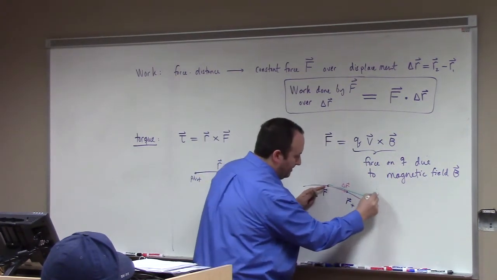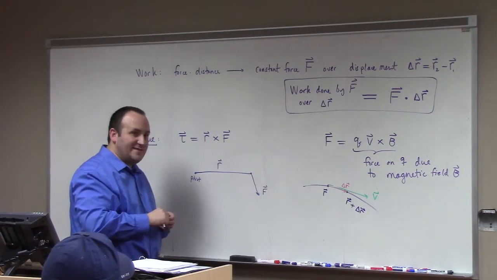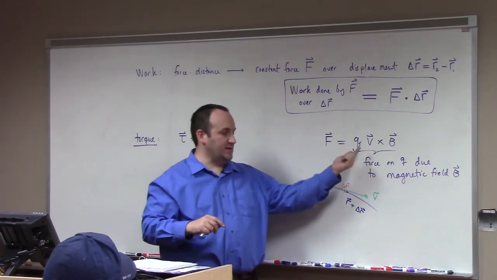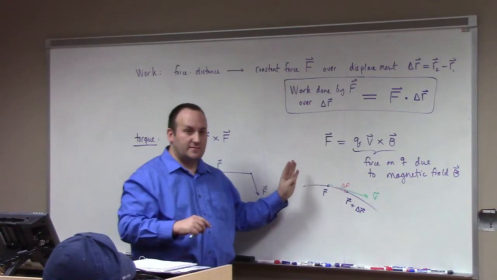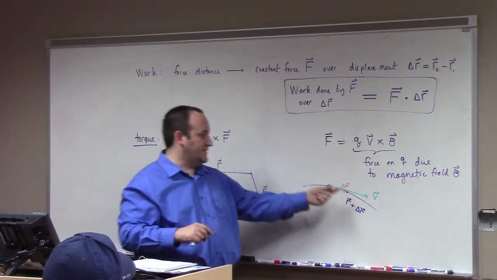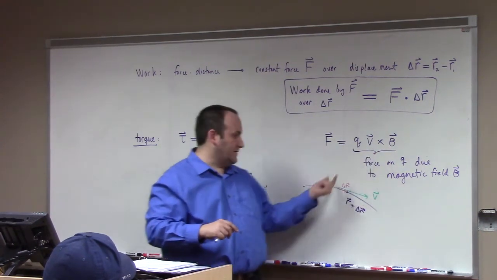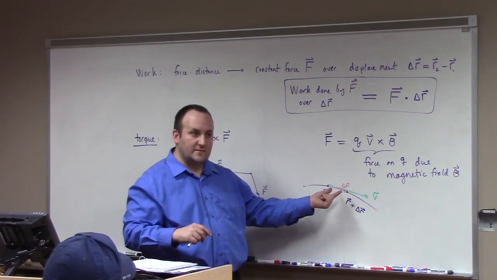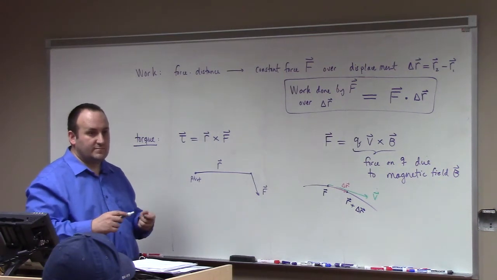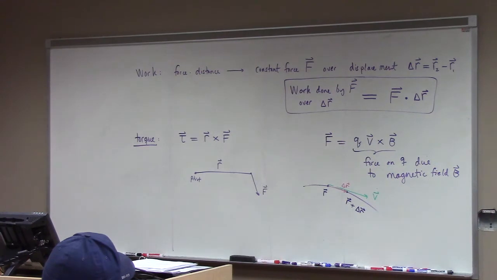The velocity is tangent to the motion, essentially by definition. And what about the force? The force is perpendicular to the velocity. So what's the work done by the magnetic field? It's 0, because delta R is in the same direction as V. That means the force is perpendicular to the displacement for magnetic force. So magnetic forces can't do work, but they can change direction. So there's that.